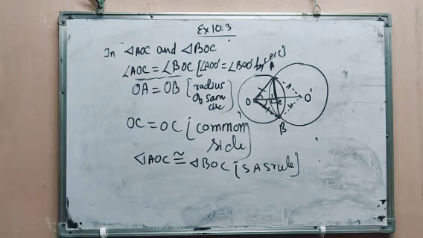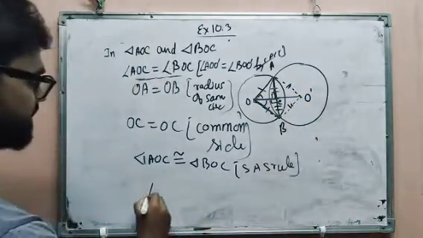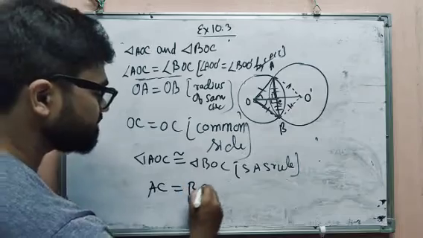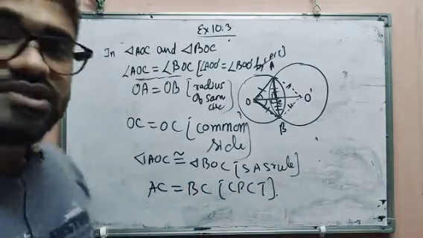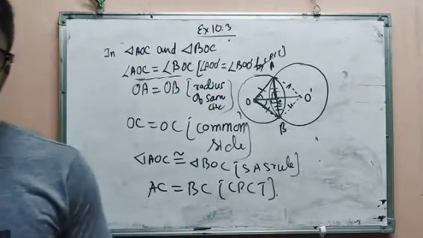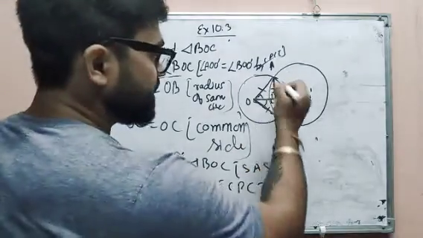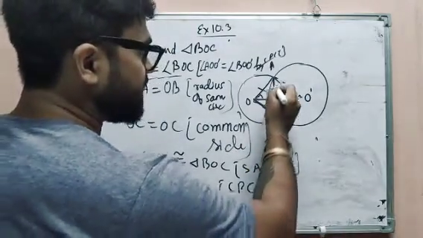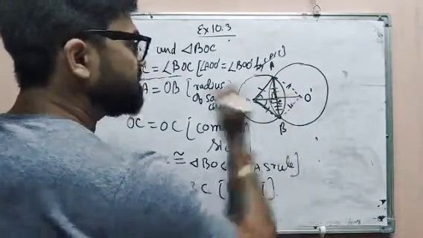As these two are congruent, you can say that AC equal to BC by the condition of CPCT. So as AC equals BC, angle ACO equals angle BCO.